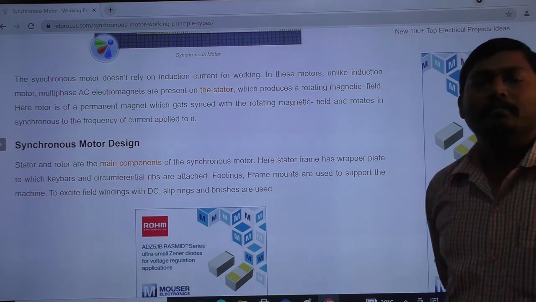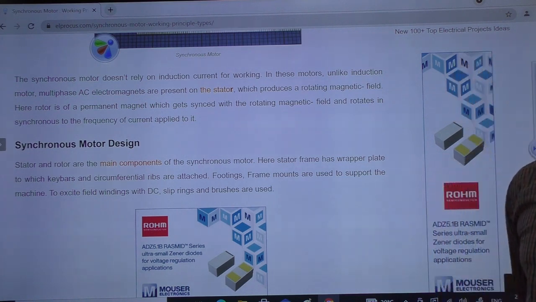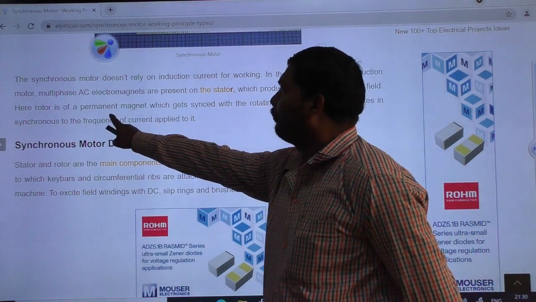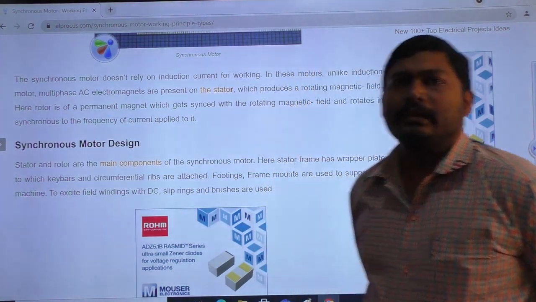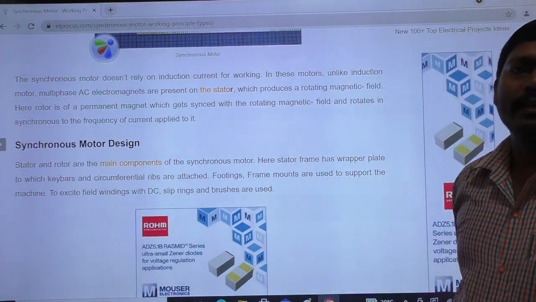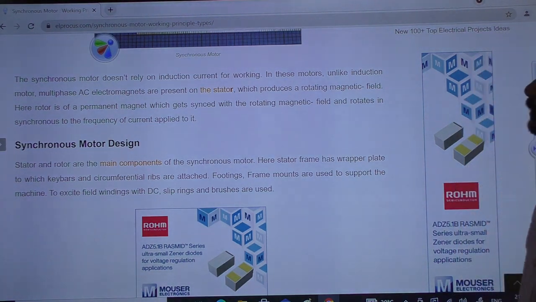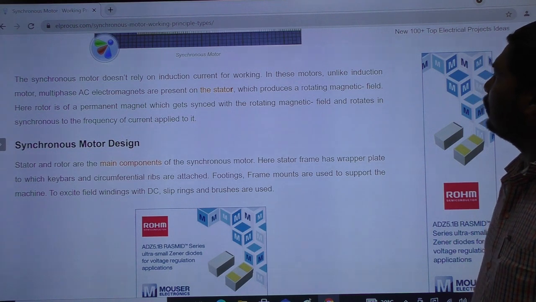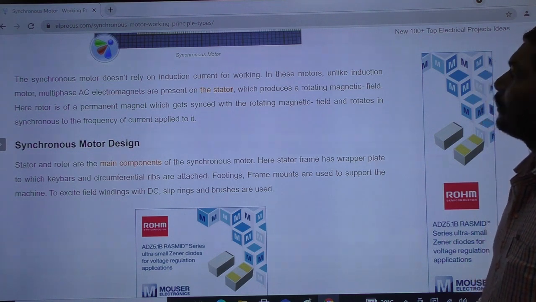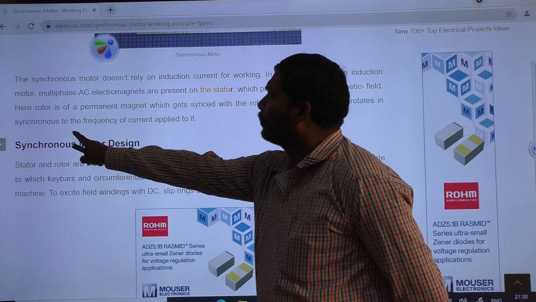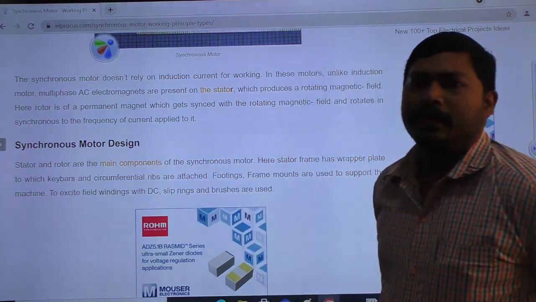Why a permanent magnet? Because we have applied a DC source. If we had applied an AC source, then it would not have been a permanent magnet. So in this case, a permanent magnet is produced. Why? Because the DC source has been applied, which gets synchronized with the rotating magnetic field and rotates synchronously to the frequency of current applied to it.